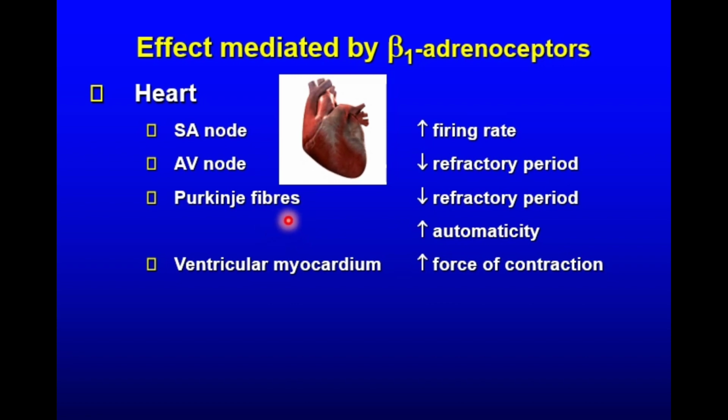Agonists at beta-1 adrenoreceptor reduce refractory period and increase automaticity. The ventricular myocardium performs most of the cardiac pumping work.